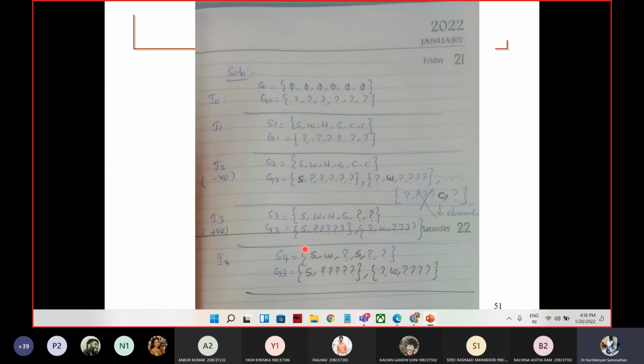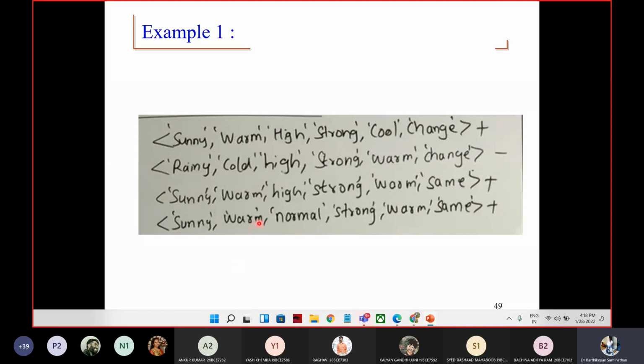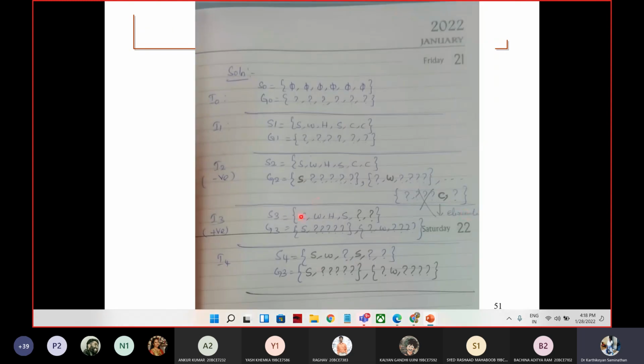Now the fourth one is again a positive example. What is the fourth instance? Sunny, warm, normal, strong, warm, and same. Now this instance 4 is compared with S3. Sunny versus sunny, same, so you can keep sunny. Again, warm versus warm, same.